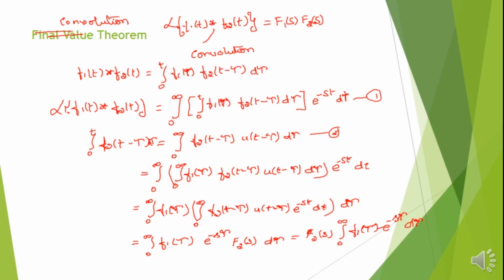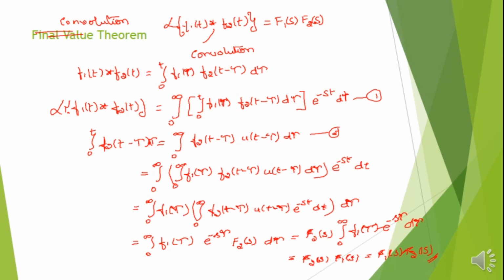Integration 0 to infinity f1 of tau e to the power minus s tau d tau, the variable is tau instead of t, but this is same as F1 of s. So it is equal to F2 of s into F1 of s. So the convolution is equal to F1 of s F2 of s.